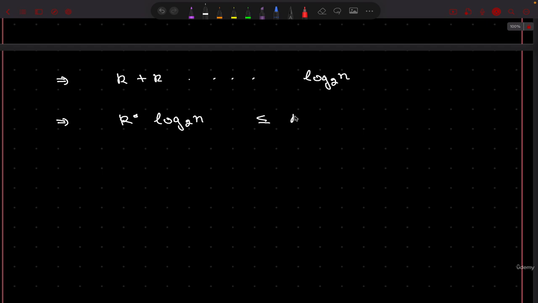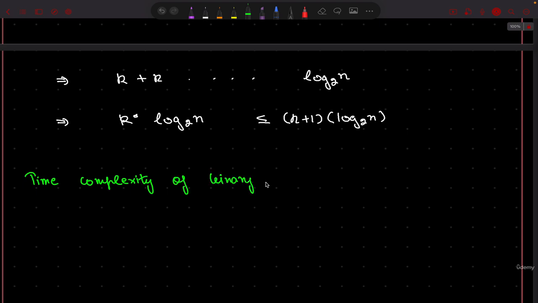Which of course I can write as less than k plus 1 into log 2 n, right? If I can write this, then I can very easily say that the time complexity of binary search is log n.